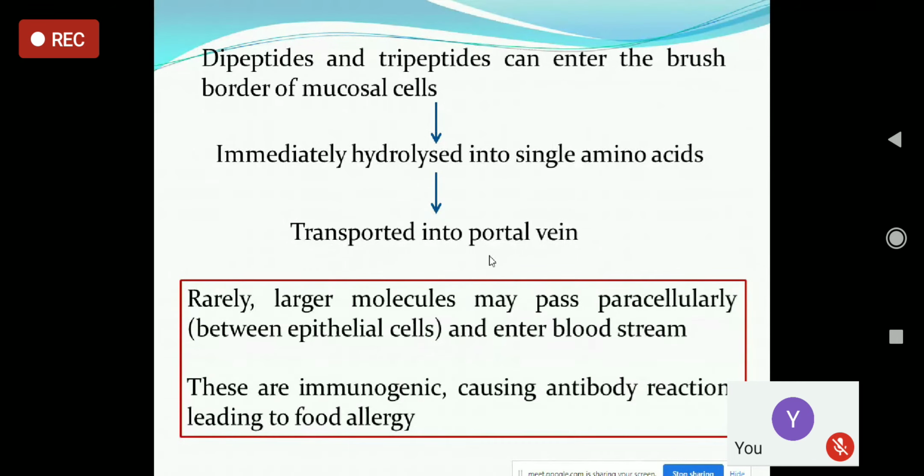But sometimes, in rare cases, large molecules may pass paracellularly between the epithelial cells and enter the bloodstream. These are immunogenic in nature and cause an antibody reaction leading to food allergy. So this is the mechanism of protein intolerance.